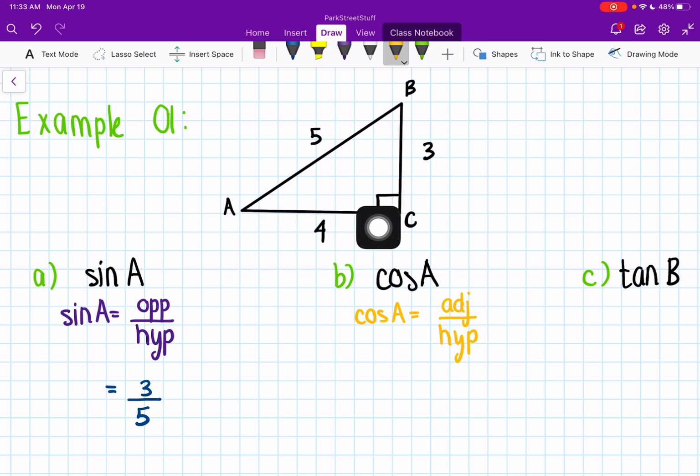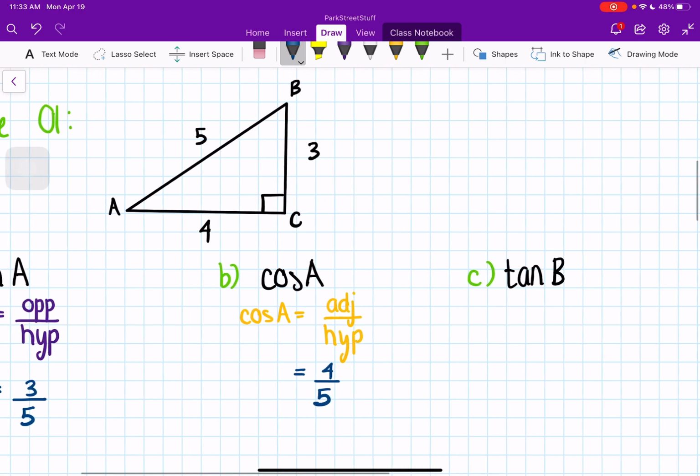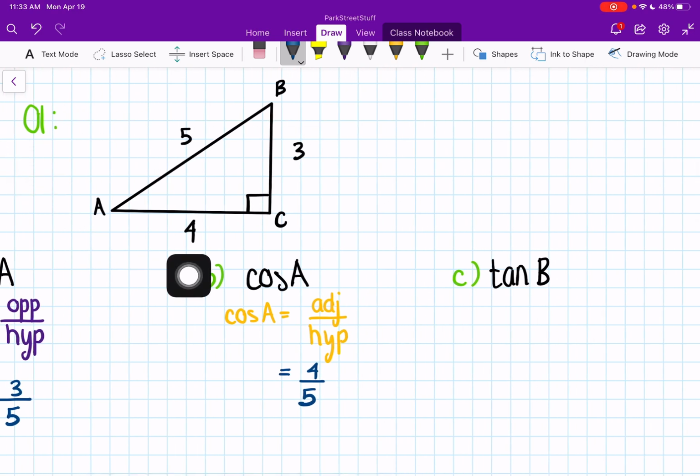It's the length that makes up the angle. So there's your 4. And then my hypotenuse is still what we had there as 5. So we have cos of A is going to be 4 over 5.